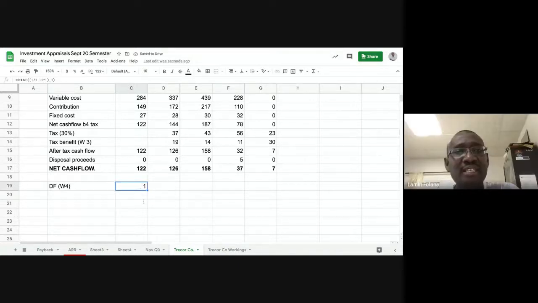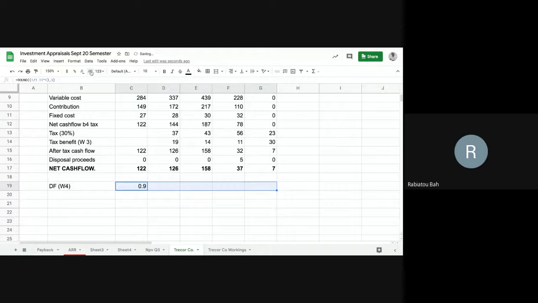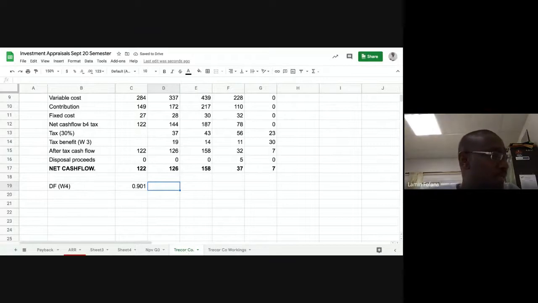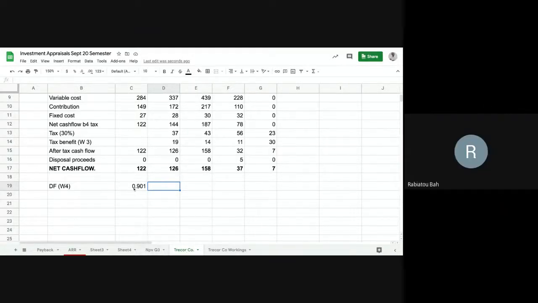After entering, you have to format this also to 3 decimal places, because at the moment it's formatted to 0 decimal places. So we click 1, 2, 3. It gave us nicely 0.901. Is that clear?